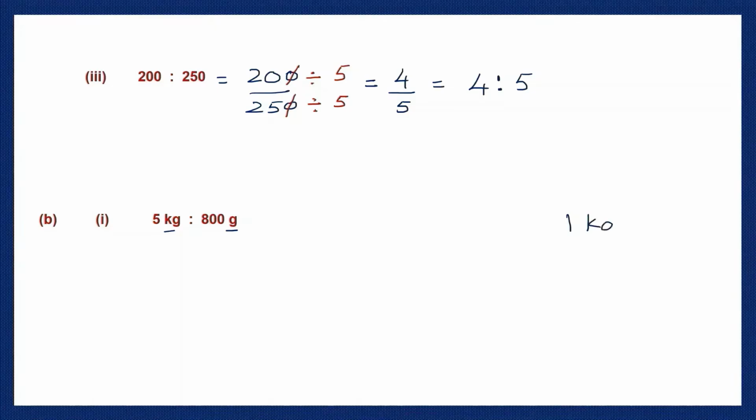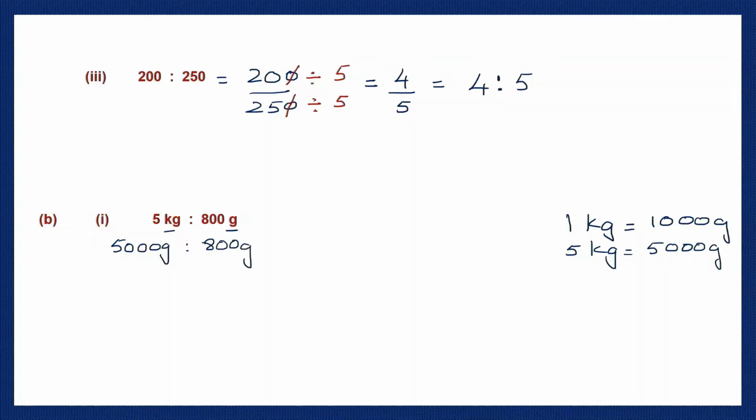Now let's see, 1 kilogram equals 1000 grams. Therefore, 5 kg will be 5 into 1000, which is 5000 grams. So let's write it here. So our ratio is 5000 gram is to 800 gram.